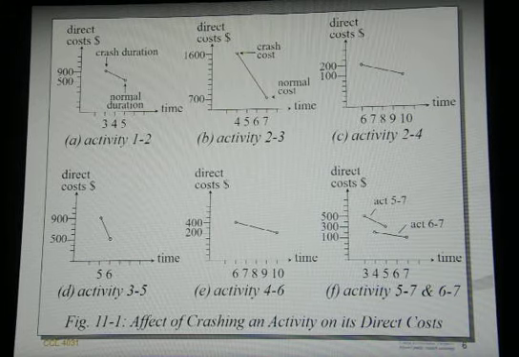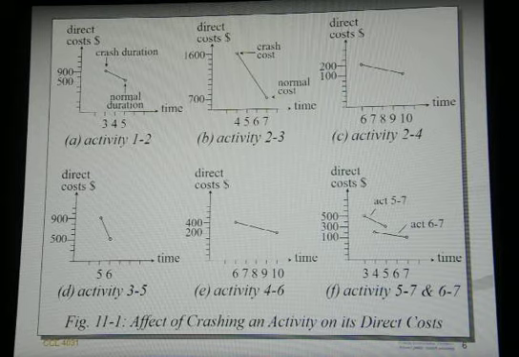Normally we can paint per day 2,000 square feet. However, if we want to add painters, and it will cost us $100 per day to add them, then when we add every painter, let's say, we can paint 100 square feet more or 500 square feet more, and so on. So all of this comes from experience. You don't have to worry about it. It will be all given to you.